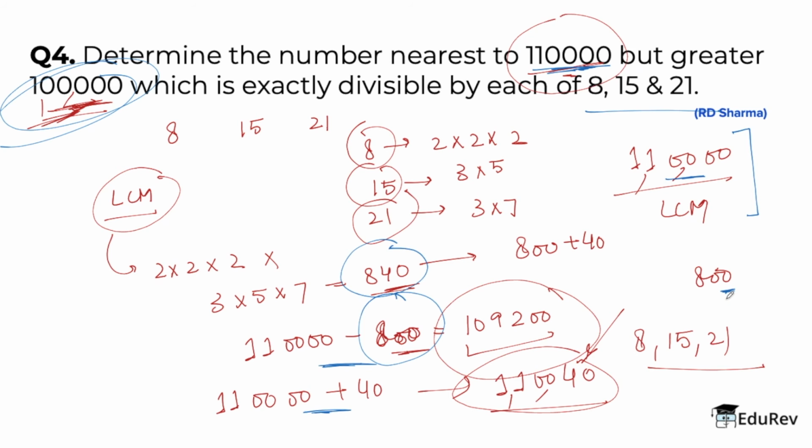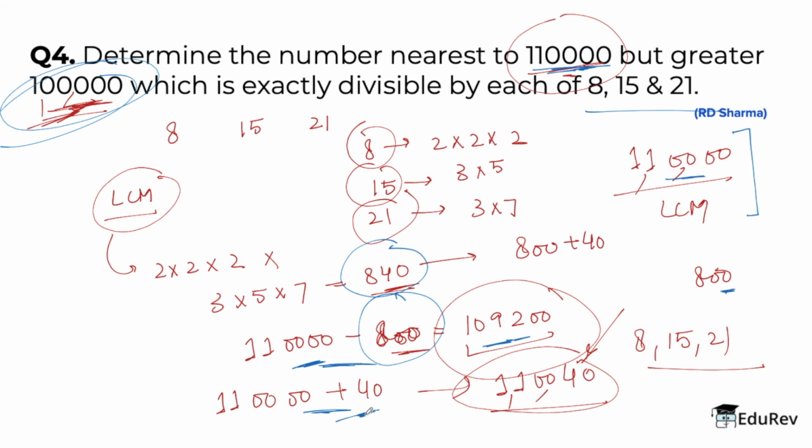So we thought that alright, maybe one number could be 800 and the other can be 40, and the total can be 840. So when we subtracted 800 from this number, I got this number. And when I checked, 8, 15 and 21, all three divided this number.